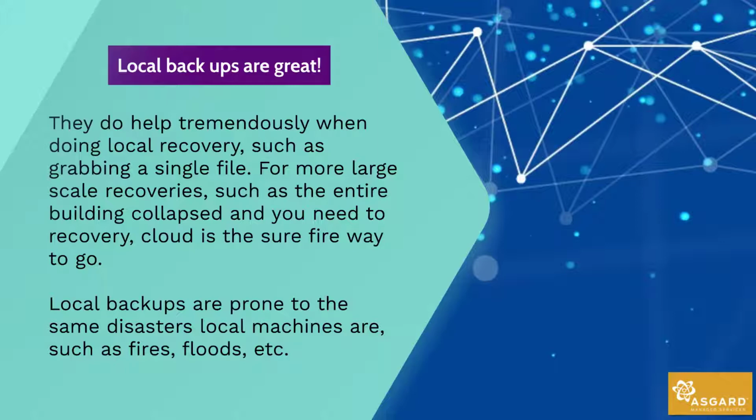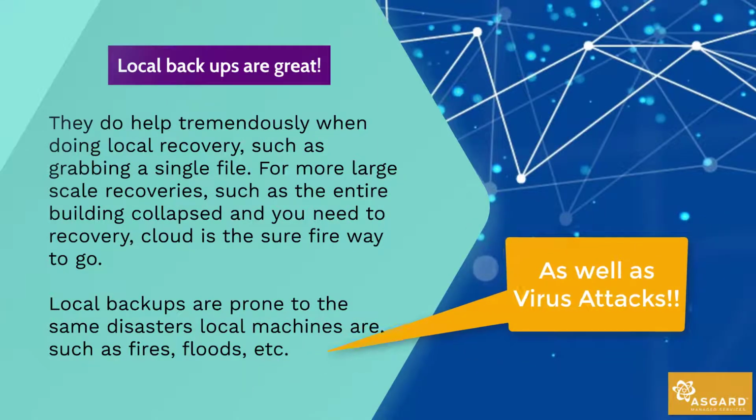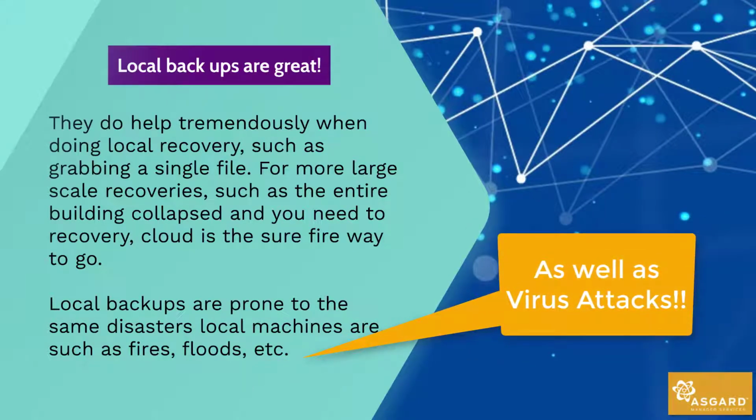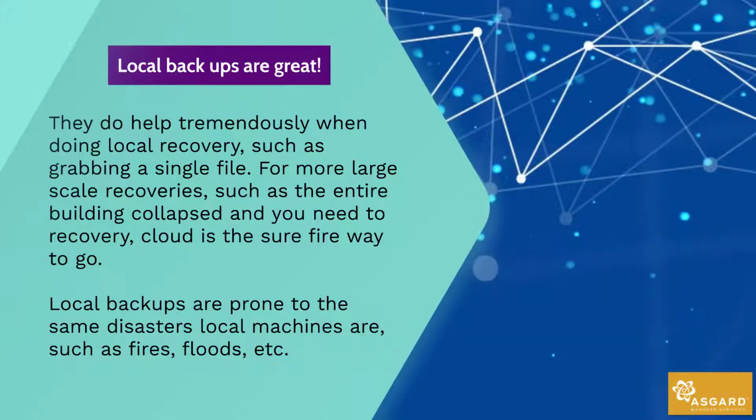Obviously, there's going to be a lot more things to recover if that has happened, but local backups are prone to the same disasters that local machines are, such as a fire in the building or floods or a power surge, things like that that can completely knock out your environment, local and on-site or off-site. So being able to fail over into the cloud is paramount to keeping your business going even during a disaster.